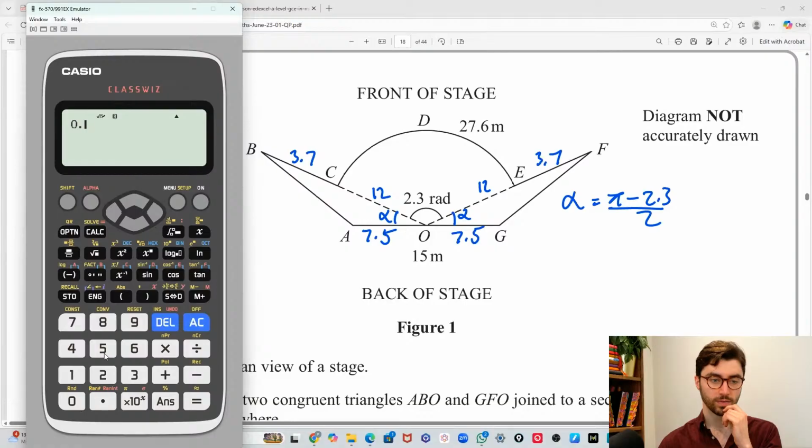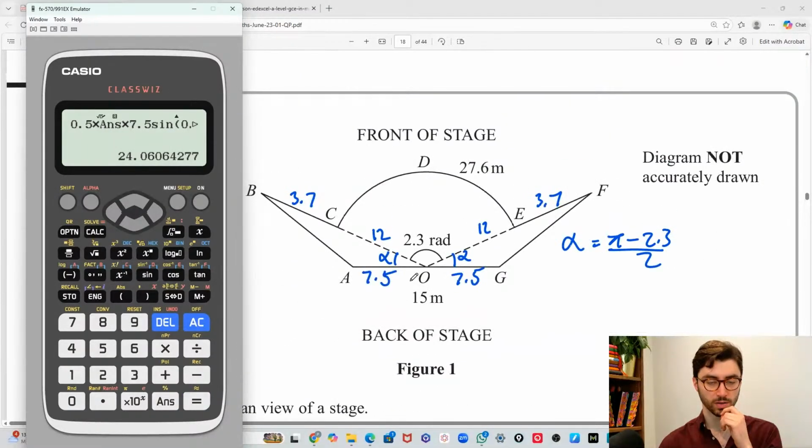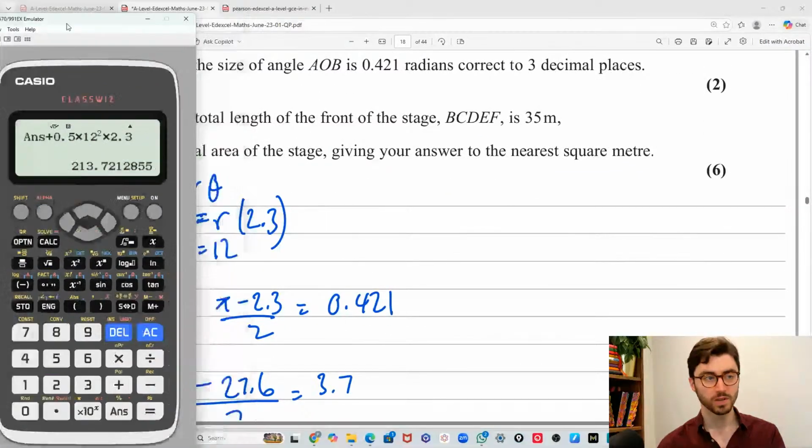So half AB sine C does give me my 24.06 for each triangle. Times that by 2. Add that to a half r squared theta. And it is 214. So I feel good about that.